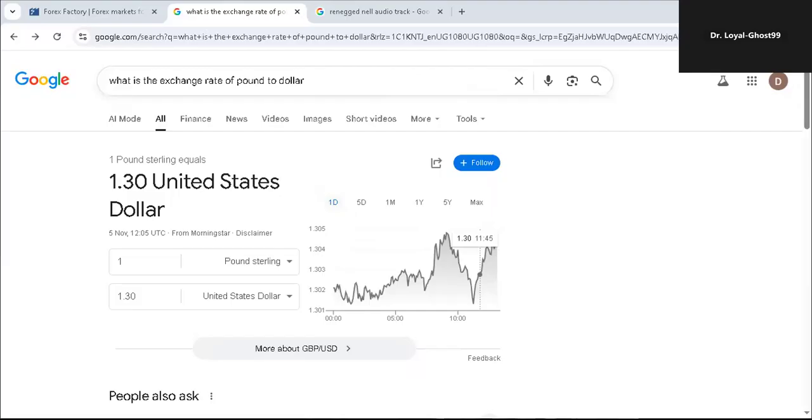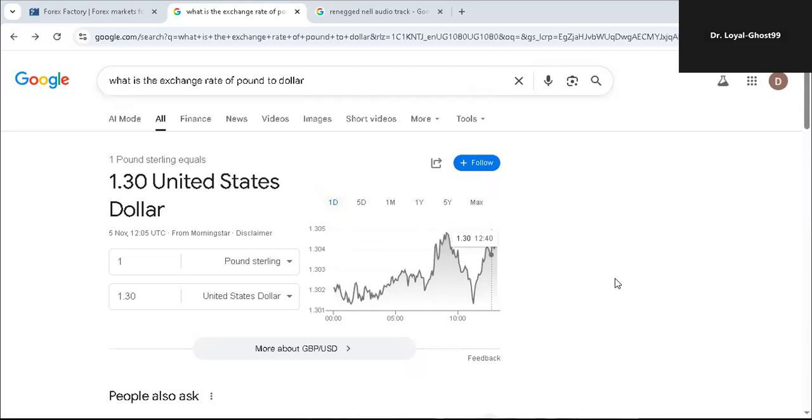Let me share my screen. So let's say the pound US dollar is the financial market that I want to look into.